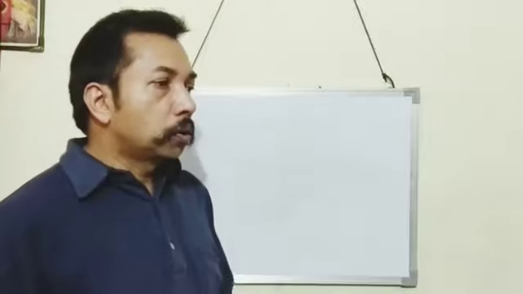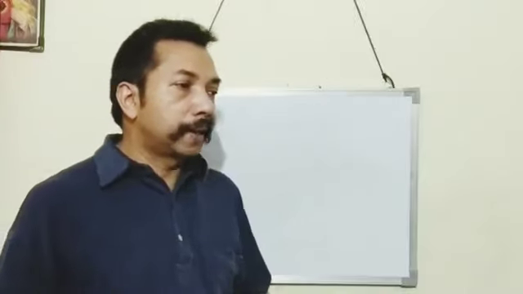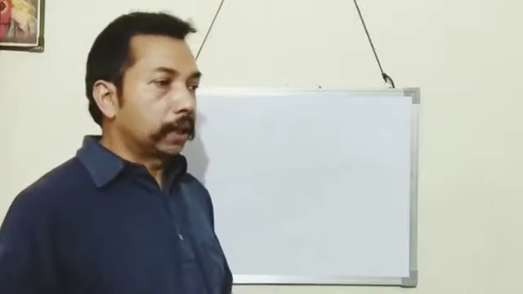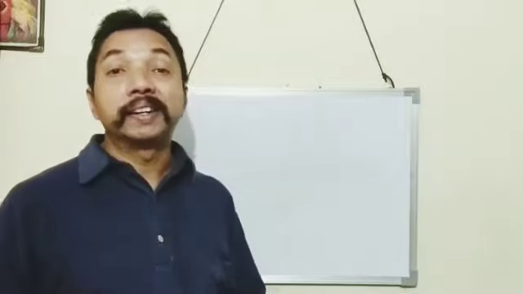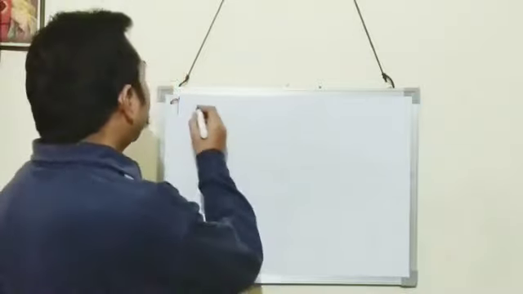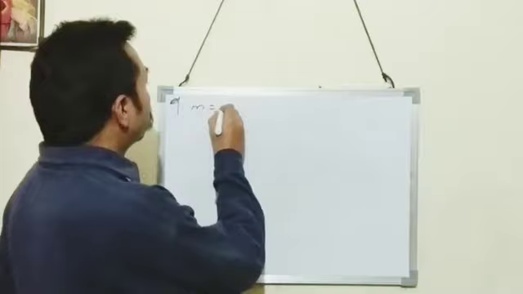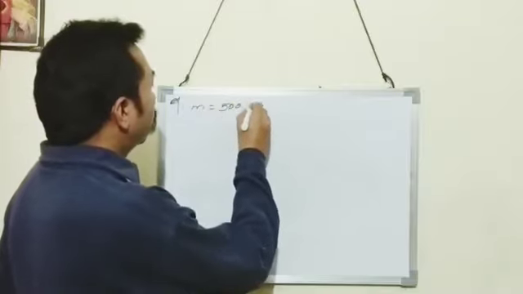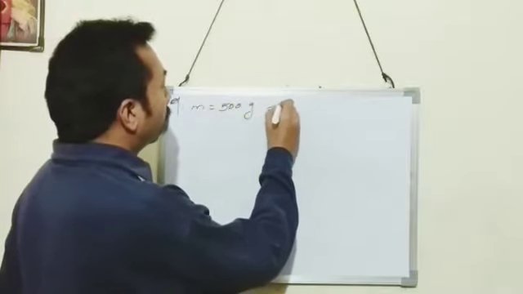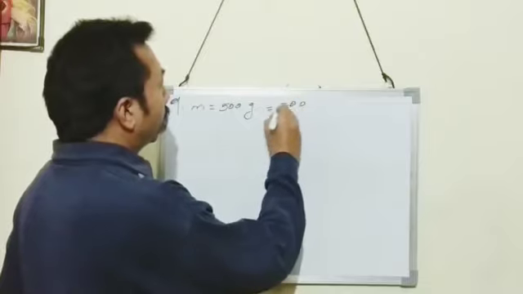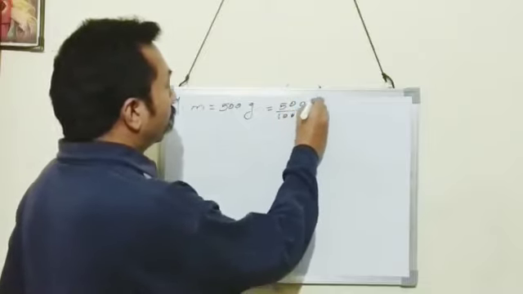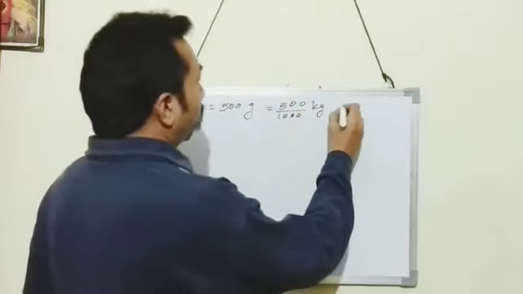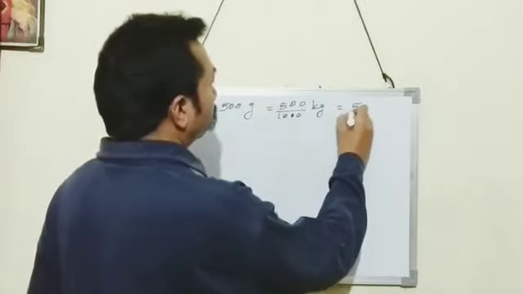Question: a force causes an acceleration of 10 meters per second square in a body of mass 500 gram. So we write the values. Mass 500 gram. Gram we convert into kilogram. 500 upon 1000 kilogram, 5 upon 10 kilogram.